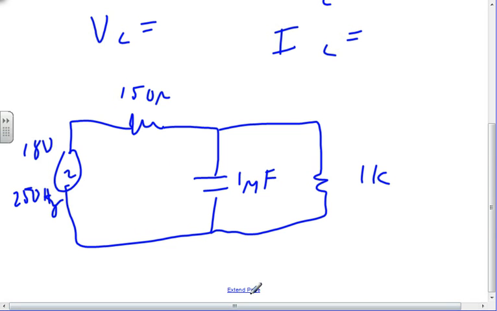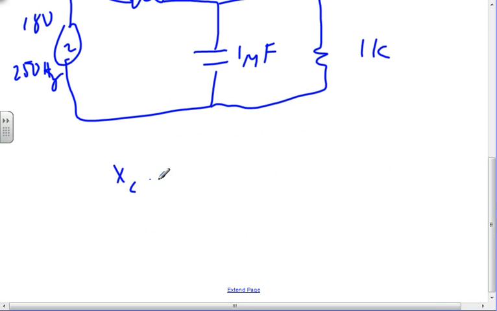Okay, so the first thing we're going to look at is X of C, 1 over 2 pi 250 times 1 microfarad.